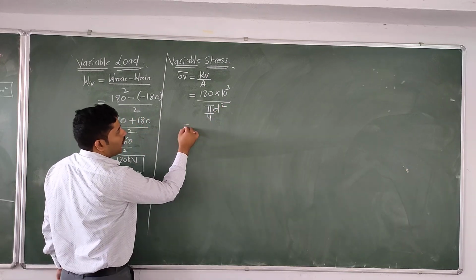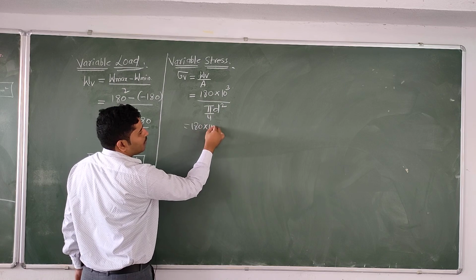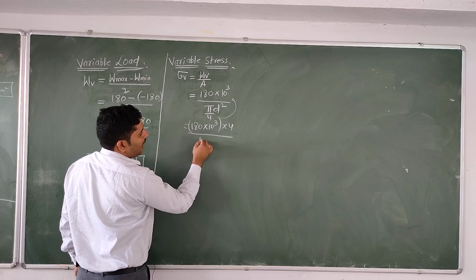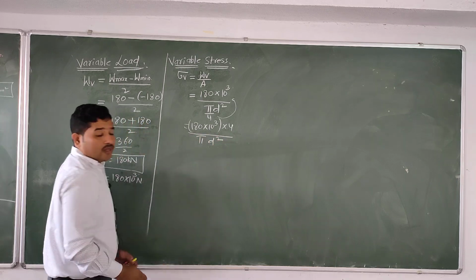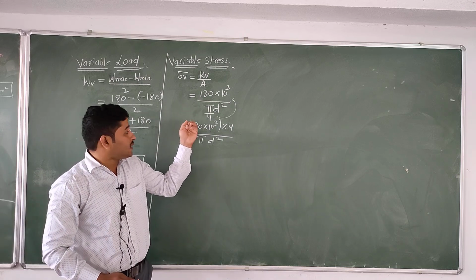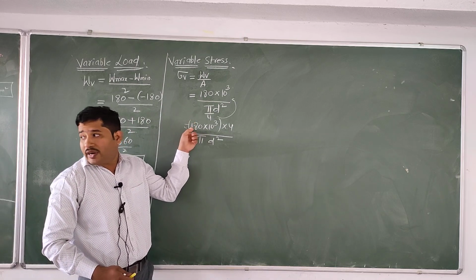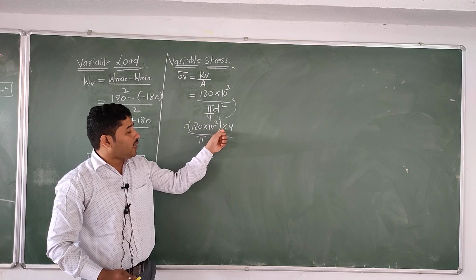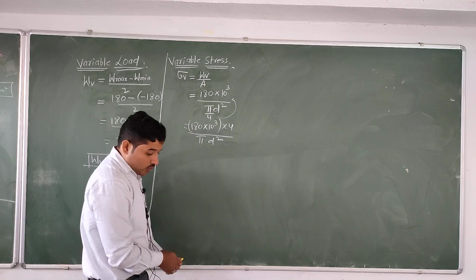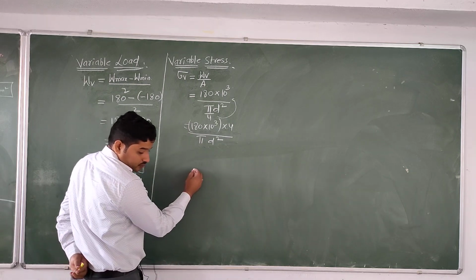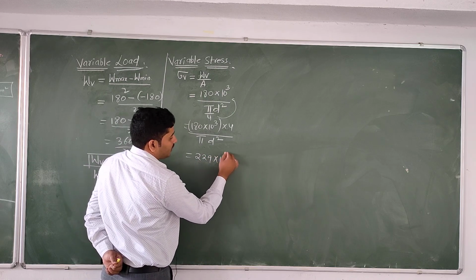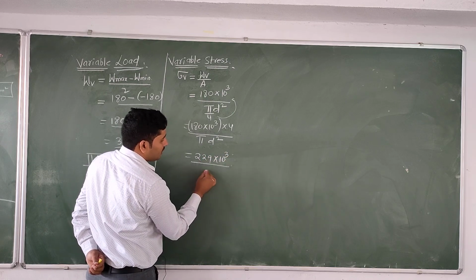Then 180 into 10 power of 3 multiplied by 4 divided by pi into d square. So if you find out with the help of a calculator, you need to multiply 180 into 10 power of 3 into 4 divided by 3.142, then you will get the answer 229 into 10 power of 3 by d square.